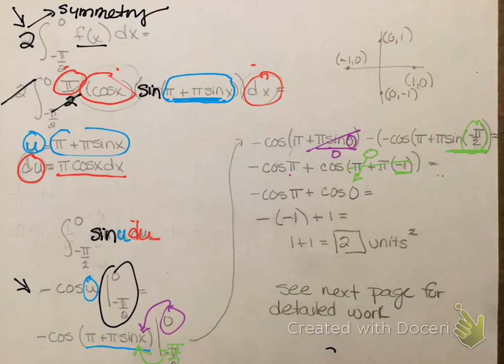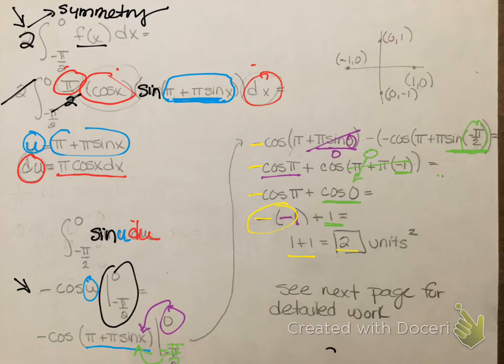Cosine of 0 is 1. So over here, cosine of pi is negative 1. Opposite of, here's this one. Negative times a negative is a positive, so I've got 1 plus 1, which is 2 square units.